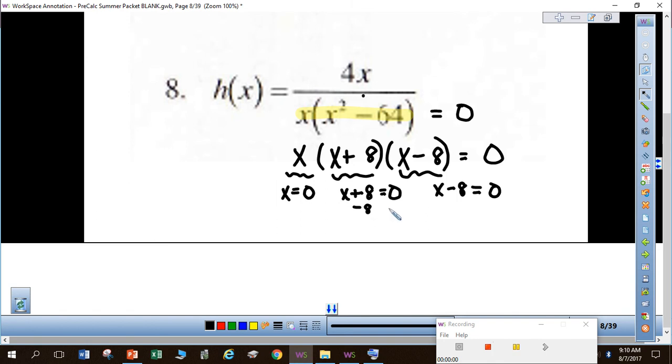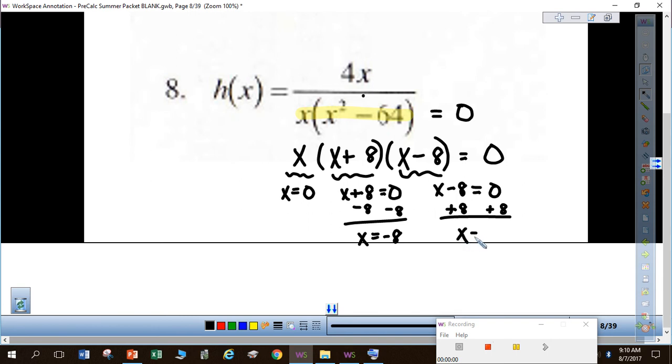For this one, we would have to subtract 8 from both sides, so we get another solution, negative 8. And the last one, we would have to add 8 to both sides, giving us our last solution of positive 8. So these are the three solutions to this equation, solving it when it's set equal to 0.